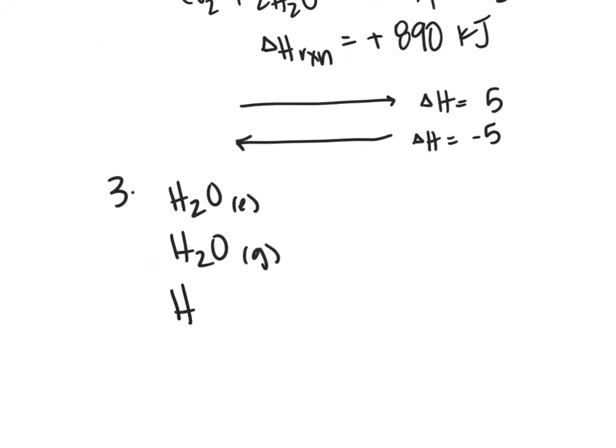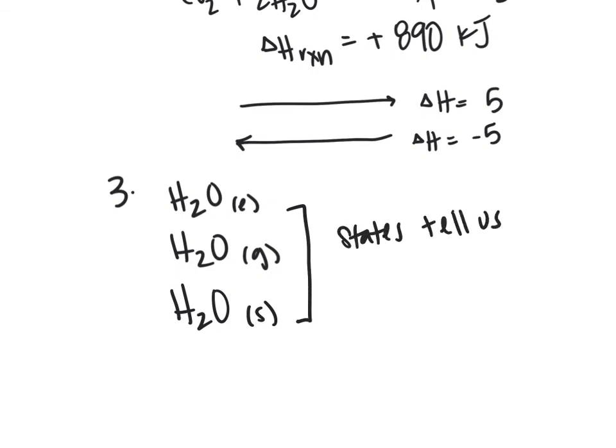We don't tend to think about it, but H2O does come as a solid. So the states tell us about the energy. It requires a change in energy to go from solid to liquid and liquid to gas. Basically, we have to add heat. So all of this is possible.